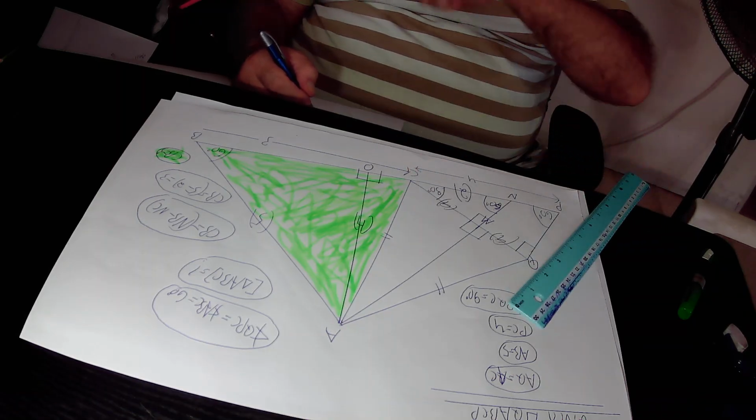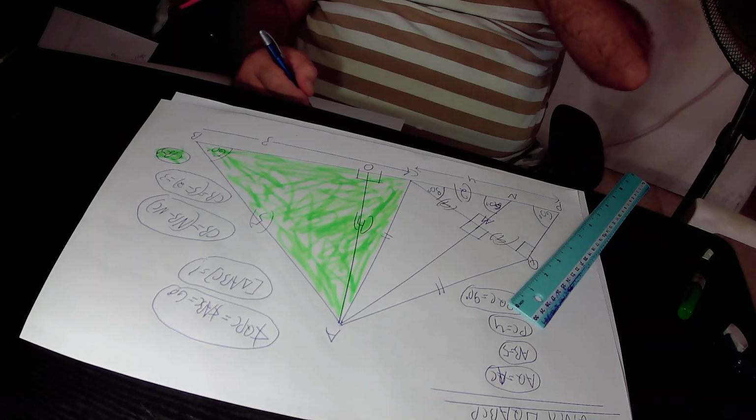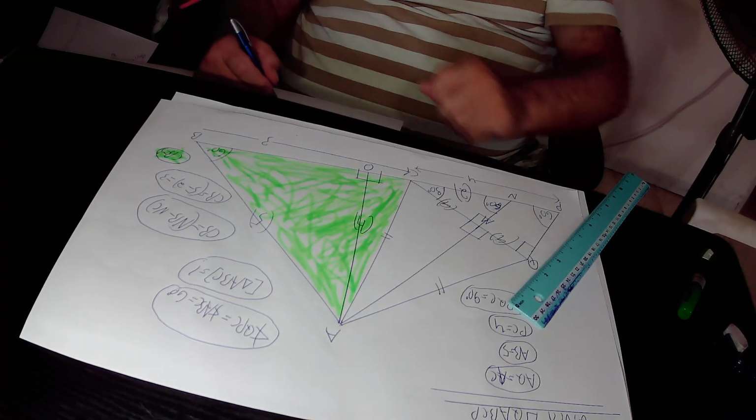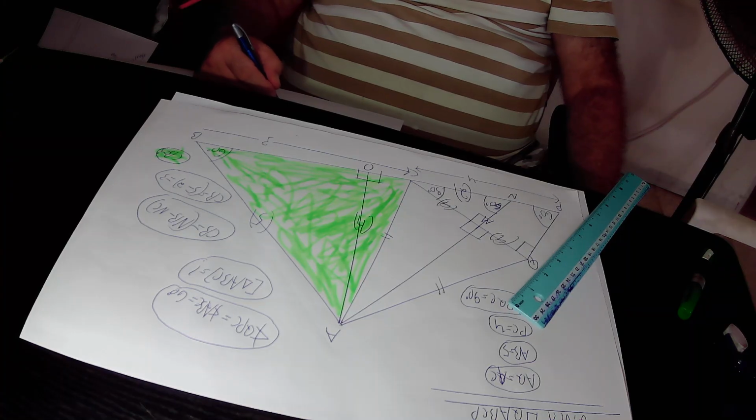Side AO equals H, according to our definition. Angle ABO equals 60 degrees in its size, according to what is given in the question.